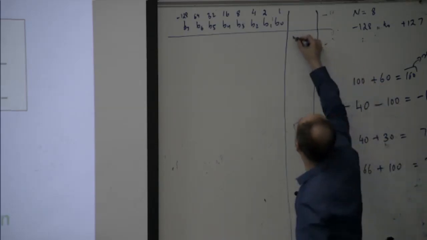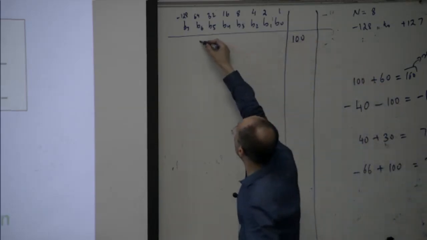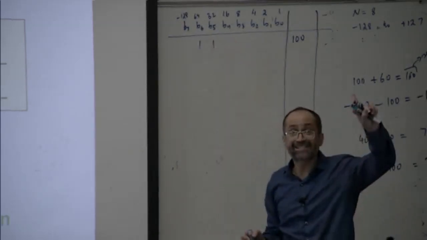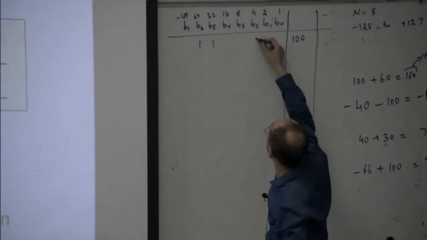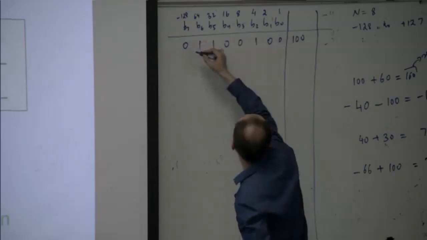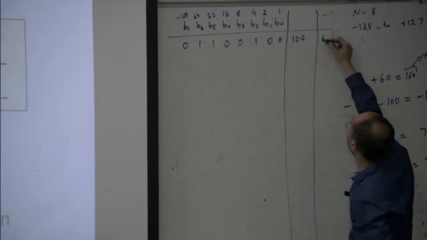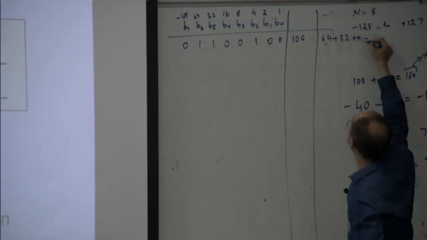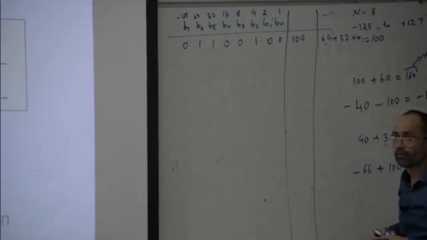How can we compute 100? 64 plus 32 is 96, plus 4 is 100. So 64 plus 32 plus 4 is equal to 100.